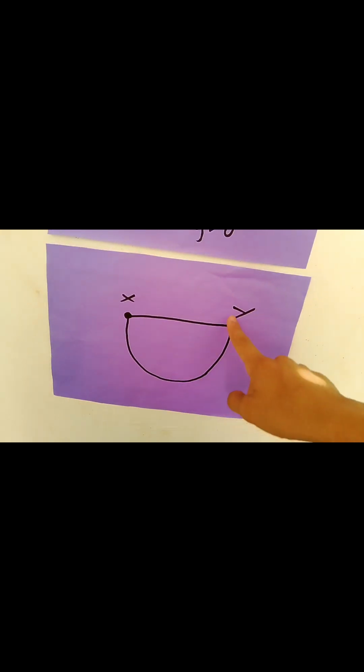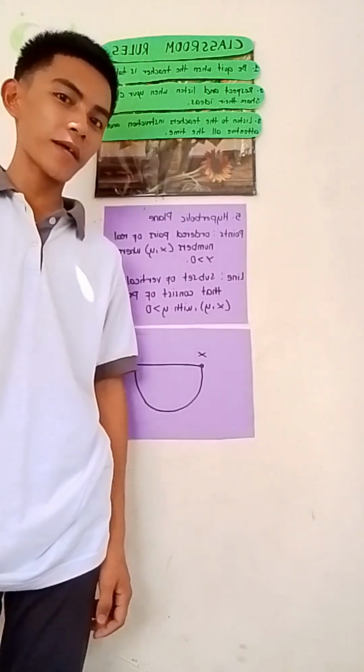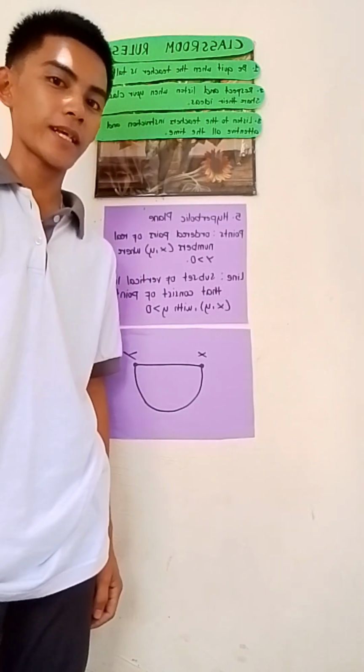The hyperbolic plane, part of incidence geometry, looks like a semicircle or half circle. Example is this one. The point x and the point y lie on a line. So those are the five models of incidence geometry.